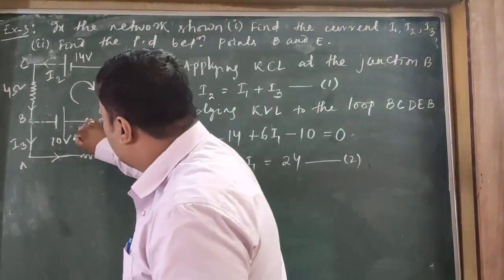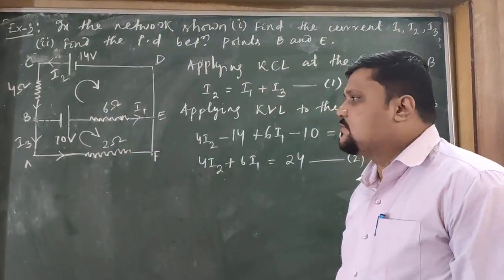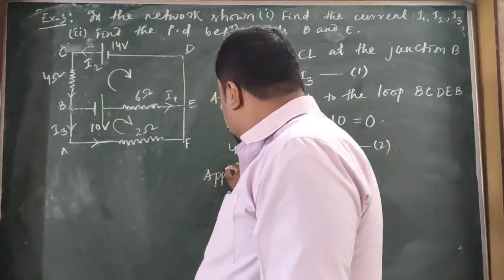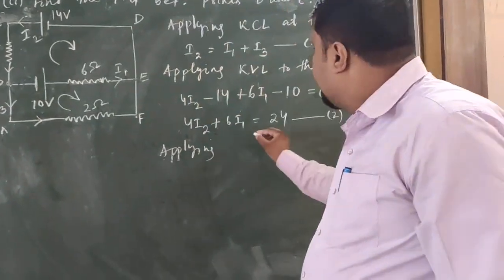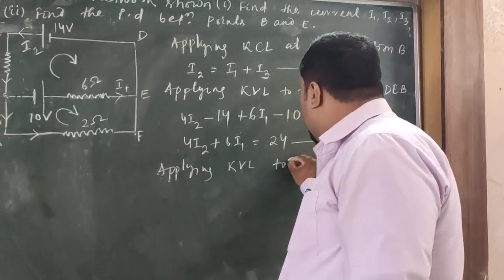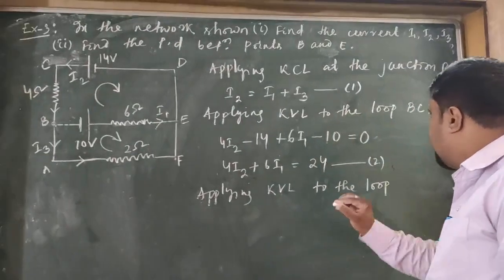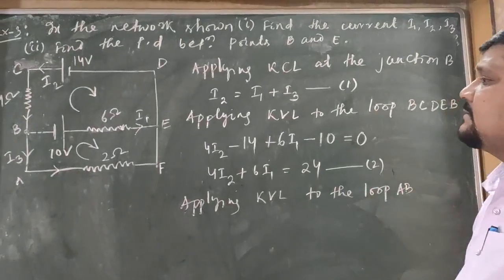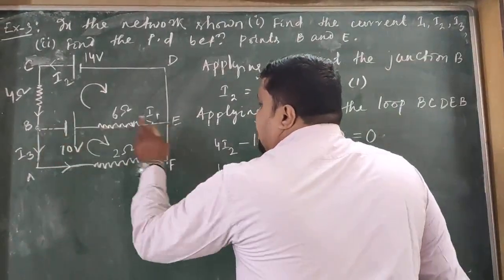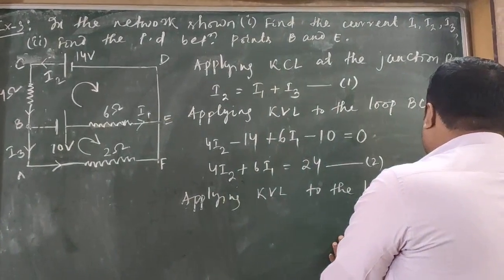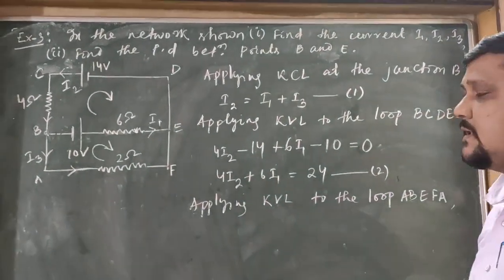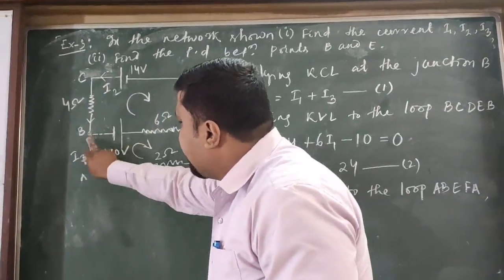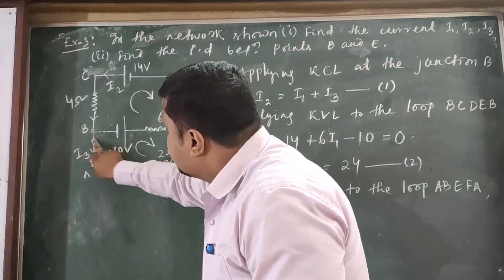Then you use the KVL in this loop also, A, B, E, F, A. Apply KVL to the loop A, B, E, F, A. Now from A to B, there is no resistor on I3.